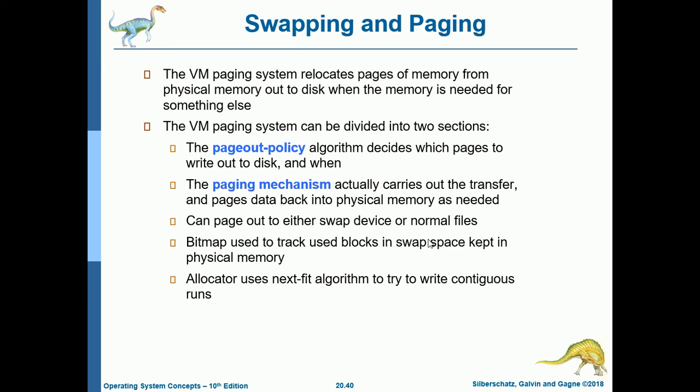The other, the paging mechanism, actually carries out the transfer and pages data back into physical memory as needed. For swapping and paging, Linux can page out to either swap devices or normal files. A bitmap is used to track used blocks in swap space kept in physical memory. An allocator uses the next fit algorithm to try to write contiguous runs.